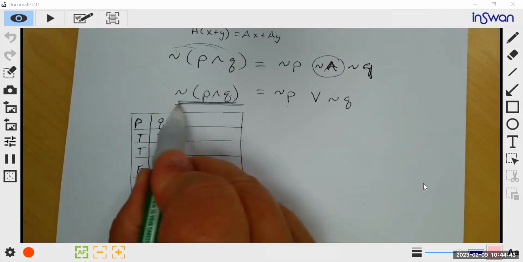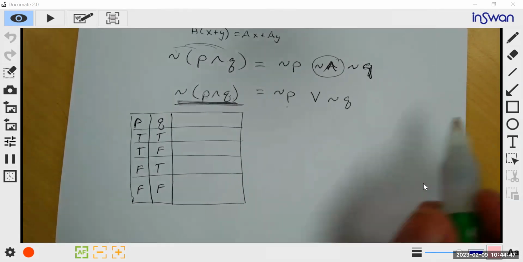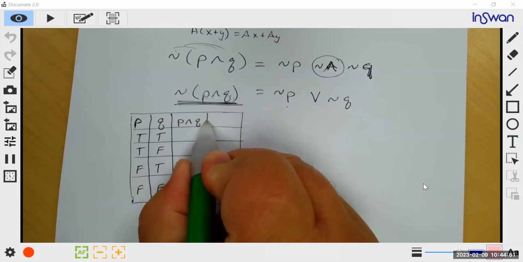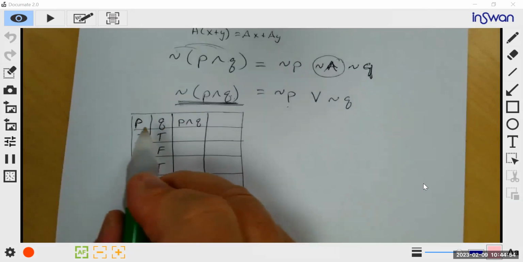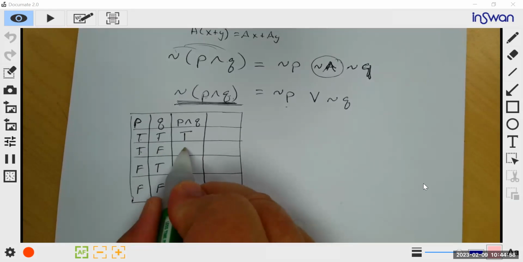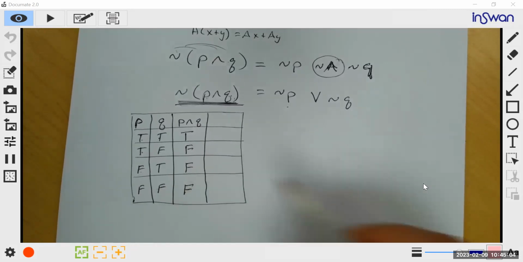So to answer this, what do we need to do first? The parentheses. We have to do the P and Q first. True and true, true. True and false, false. False and true, false. False and false, false.